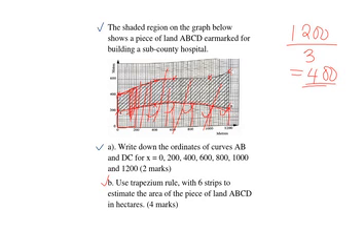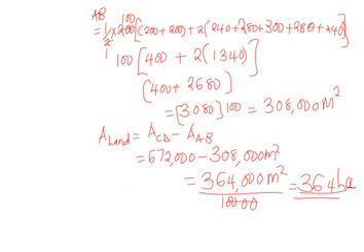So the first one will be here. Pick another color. So this is the first trapezium. The second one will go to 800, and the third one will go to 1200. So these are the stripes.